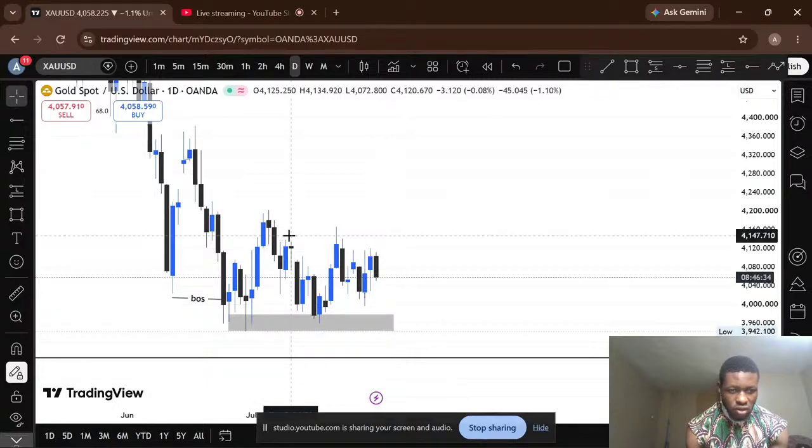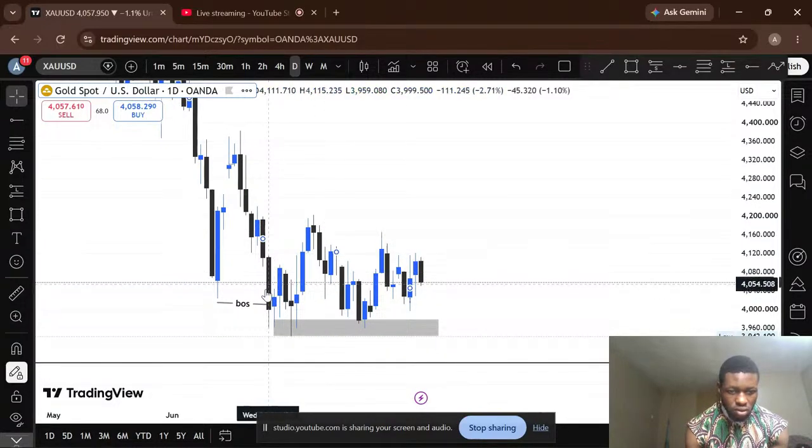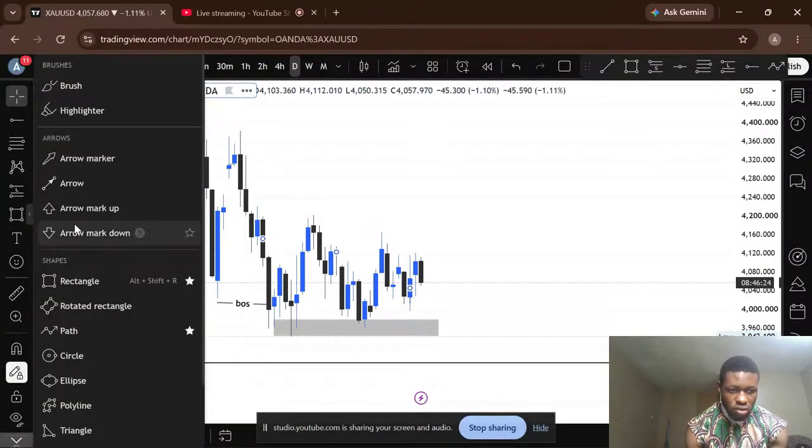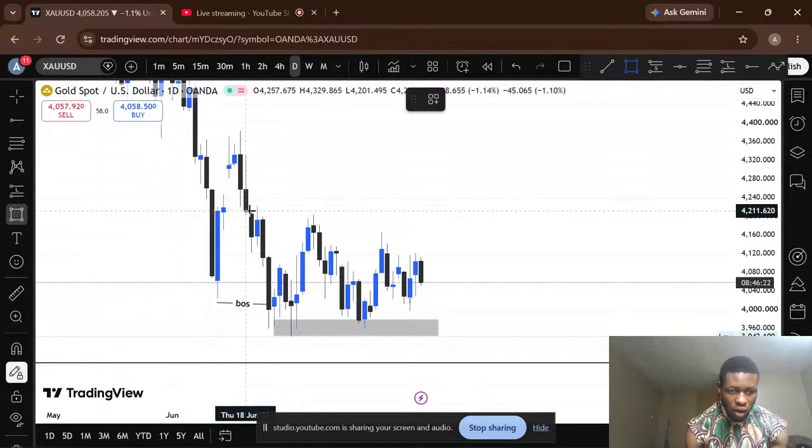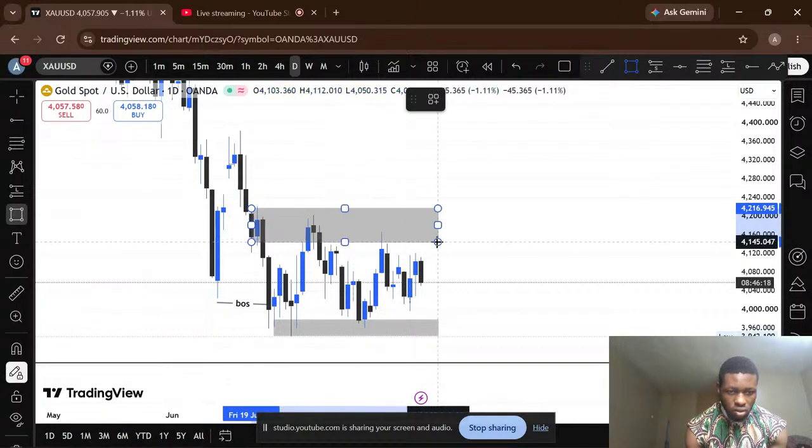We have a break of structure here, and this is another block, or you can call it a resistance level.